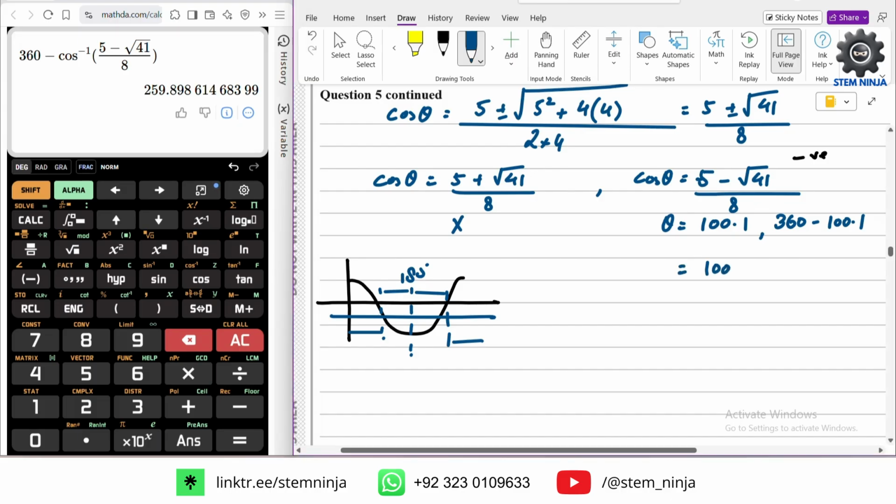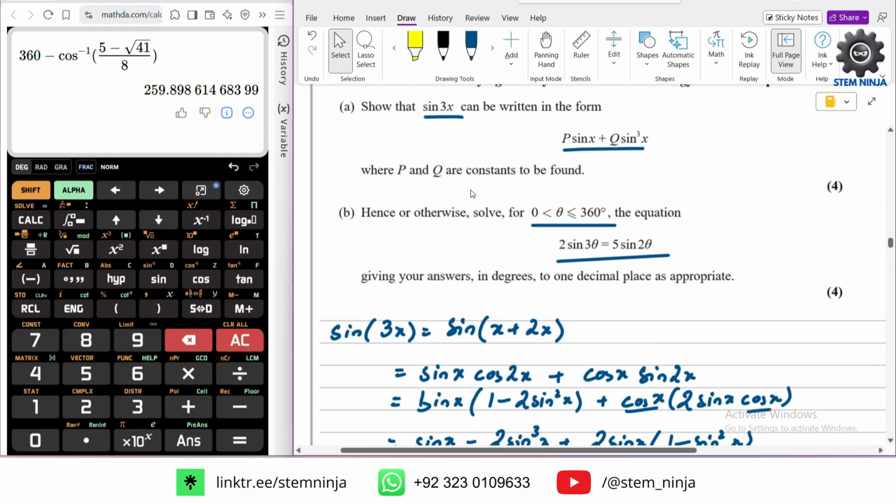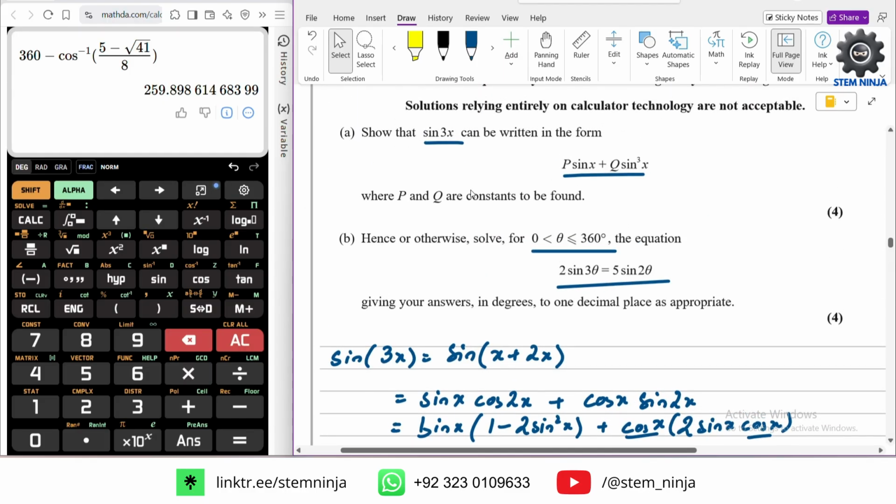So 100.1 and 2, let's say 259.9. Right, okay. And we also had the 180 and 360 degrees, so only 0 is not included.